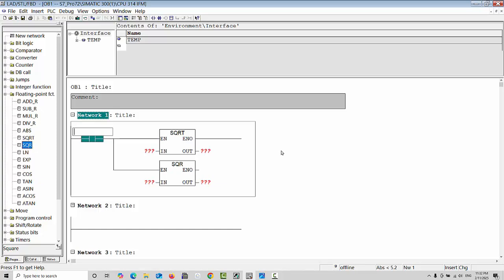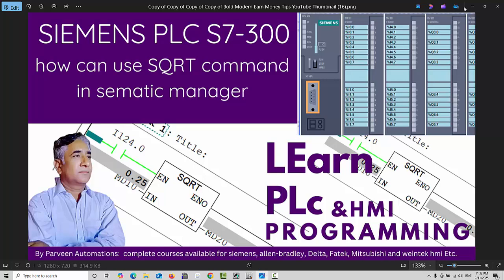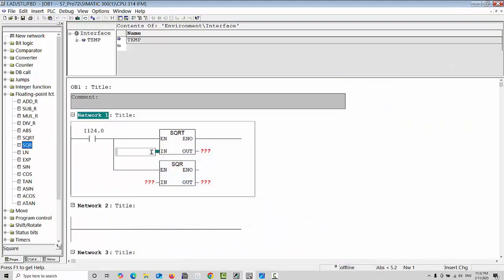So here first I will take input address I 124.0, and here we will take one data register, MD10, as an example.